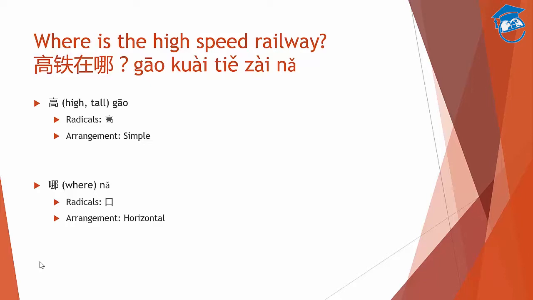Okay, this is a more formal way of asking a location. Previously, you have learned 哪 as a way of asking where, but that one is more informal and is usually for things that are movable, for example, an object or a person.